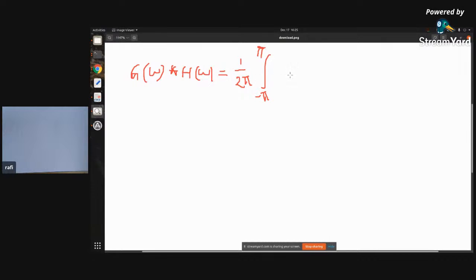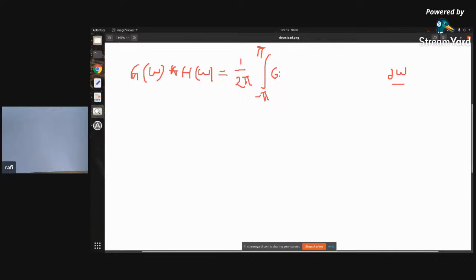We are writing 1 by 2 pi because we are getting 1 by d omega here. If it is df, this 1 by 2 pi won't be there. Whenever it is d omega, you need to write 1 by 2 pi. This is like a continuous time convolution, but in the frequency domain now the variable is different. Now the frequency is the variable.